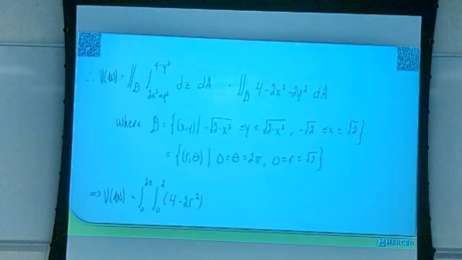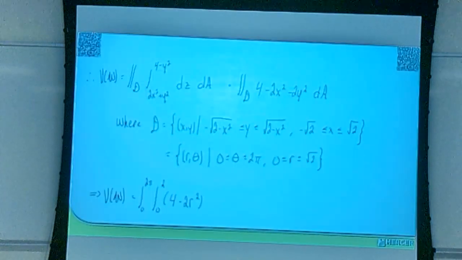What is the area differential in polar? dr d theta here. Well, you just made the most common mistake.